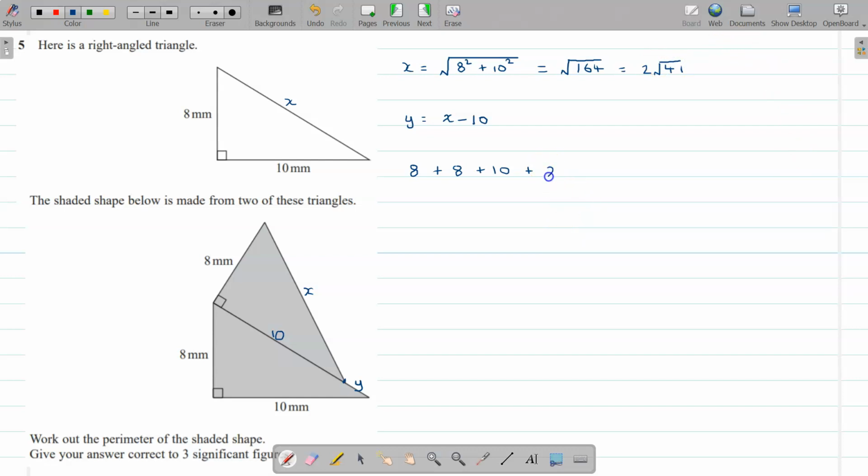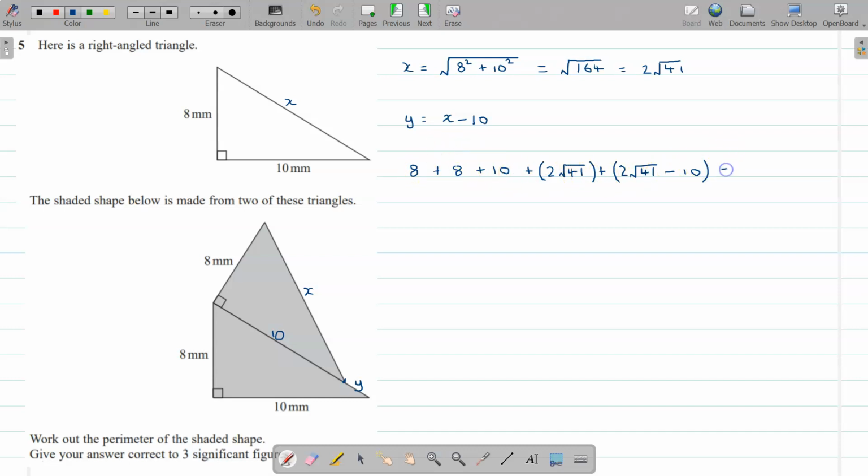So 2 root 41, okay, and the last bit y is equal to 2 root 41 minus 10. Okay, now you don't have to put brackets around any of this, but I'm just doing that to show clearly the 5 different parts, the 3 numbers given plus that plus that.